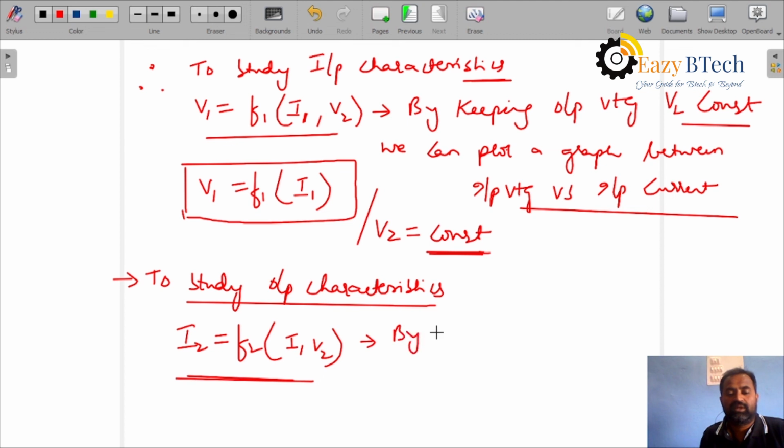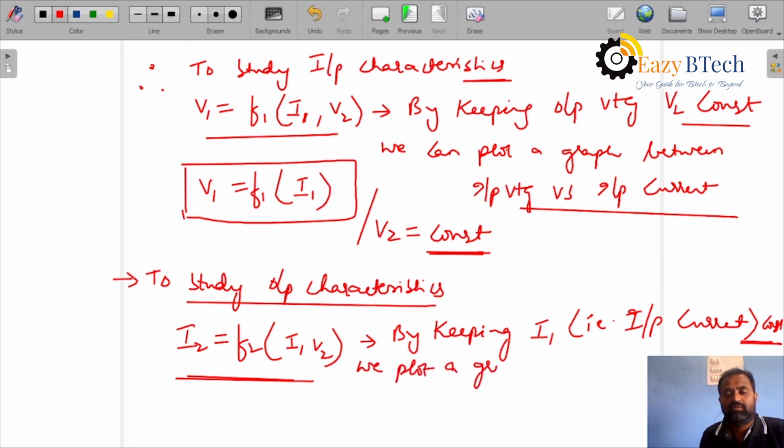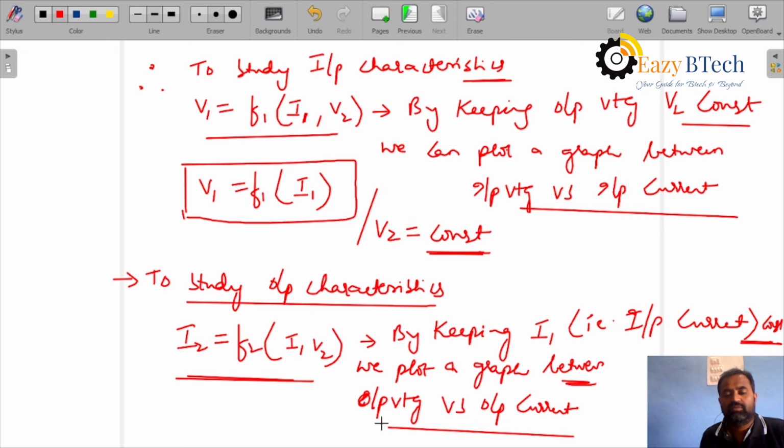From this, by keeping I1, that is input current, constant, we plot a graph between output voltage versus output current. That is I2 is a function of V2.